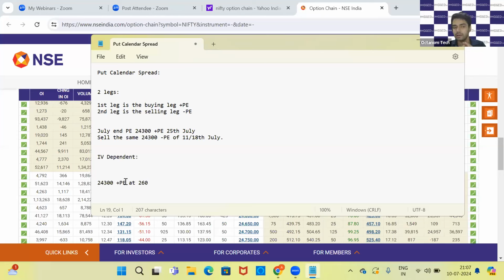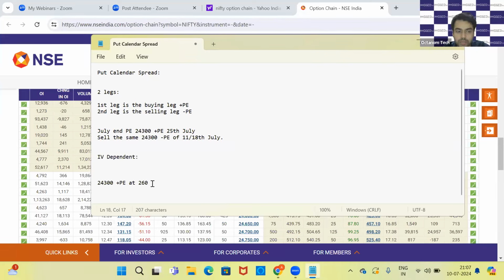If you select at the money, basically, where Nifty is trading, we call that the spot price. If I select the strikes that are near to the spot price, I am basically having a sideways bias on the market. I'm going to explain how you take different biases and plan a put calendar. But right now, just remember if you take at the spot price, that means you have a sideways bias.